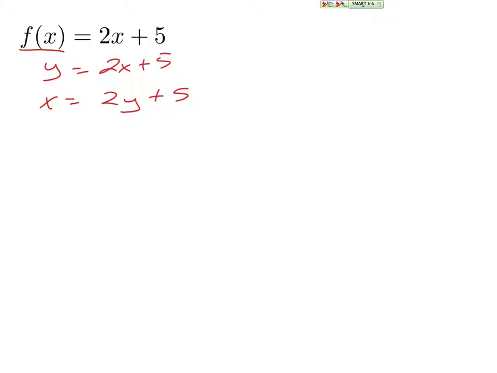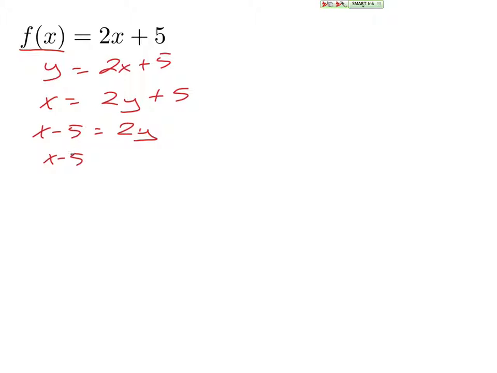So that's step 2. Anybody know what step 3 is? Solve for y is step 3. So what do you want to do to solve for y? Well, don't we want to isolate them? How do I get y by itself? Subtract 5. So x minus 5 equals 2y, and then what?